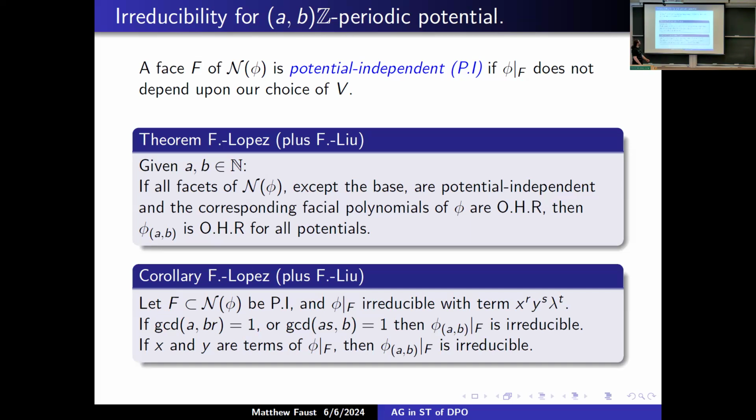And so one of the things Jordy and I showed, which has been slightly buffed by some recent work done with Liu, not the Liu I've been mentioning, but a different Liu, who's a graph theorist: if all the facets of the Newton polytope of your original dispersion polynomial, except the base, are potential independent, then the corresponding facial polynomials of phi are only homothetically reducible. Then you know that phi sub AB is only homothetically reducible for all potentials.